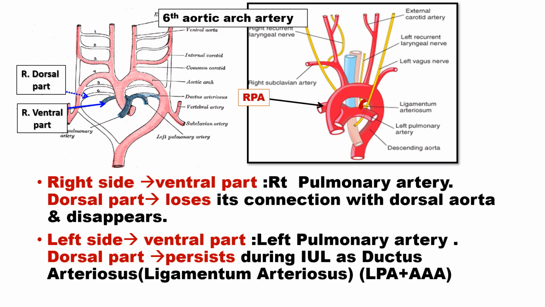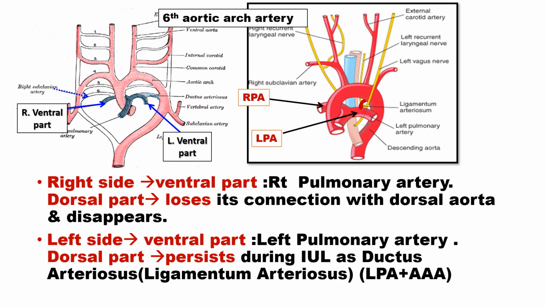On the left side, the ventral part forms the left pulmonary artery. The dorsal part of the sixth aortic arch artery persists in intrauterine life, and it forms the ductus arteriosus. Later, after birth, it is represented as the ligamentum arteriosum.